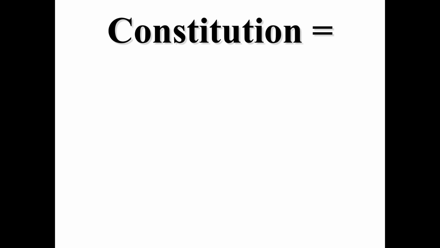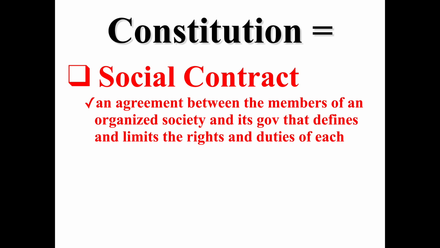So, what is it? It's really a pretty amazing document that's only formally been changed 27 times in the history of our country, and it is a social contract. We talked about this the other day. In fact, a lot of what we'll talk about today, we've already mentioned a little bit, but we're going to review as we head into all of the articles over the course of the next couple of weeks.